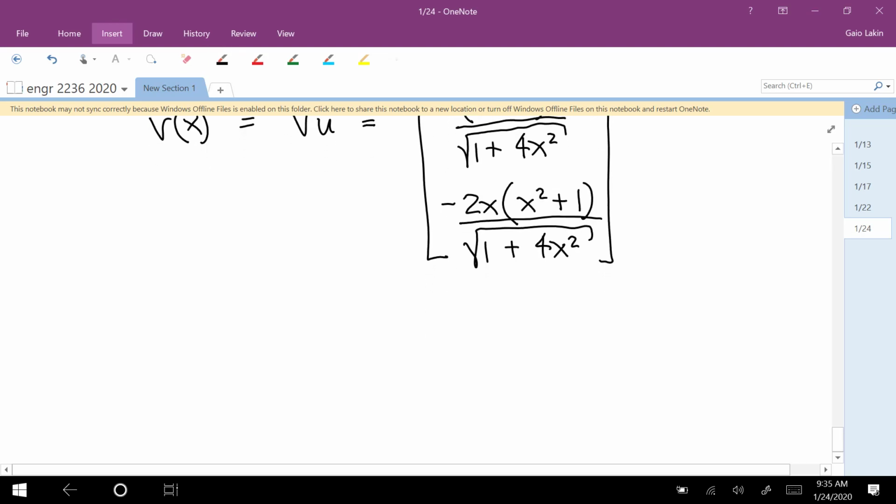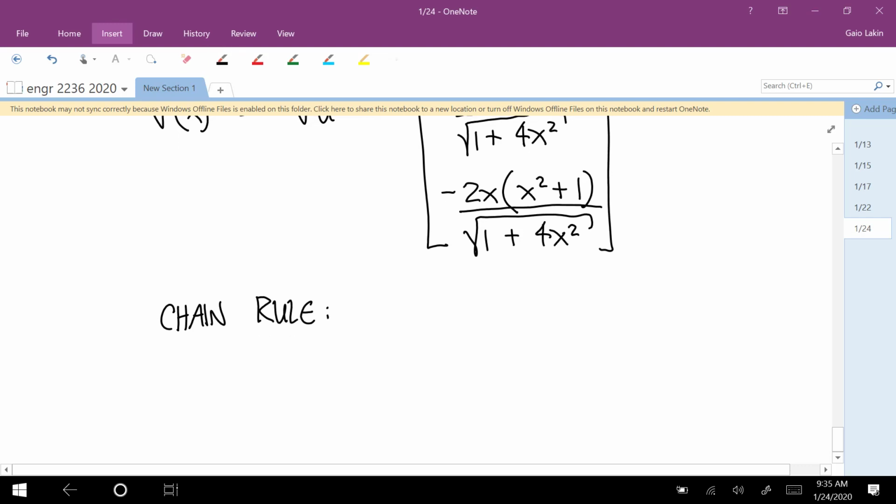But now finally we're at the point where we can use the chain rule and say that the acceleration as a function of x is equal to the derivative of the velocity vector with respect to x times dx dt.